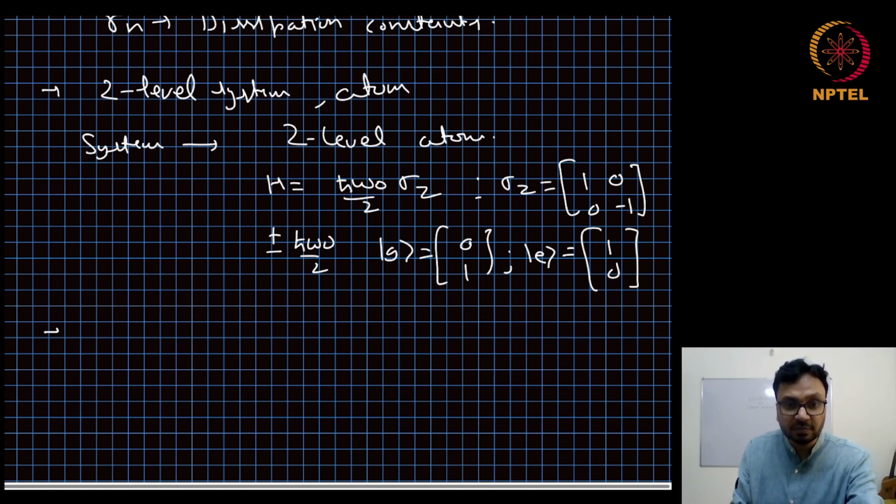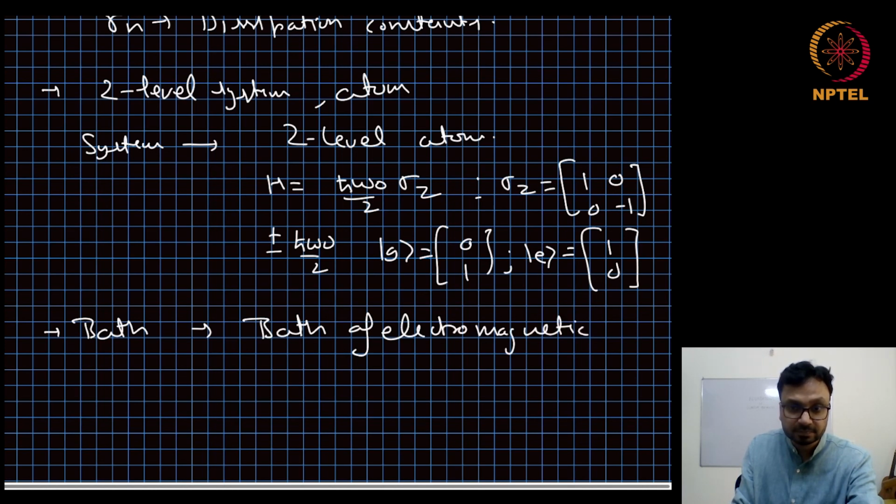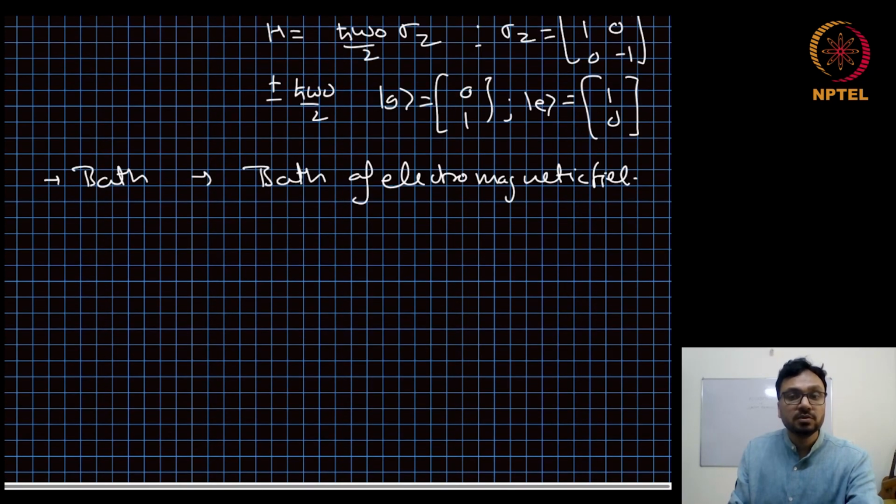This is our system. Our bath is the bath of electromagnetic field. So we have electromagnetic field modes everywhere in the whole space, and the two-level atom is interacting with that bath.